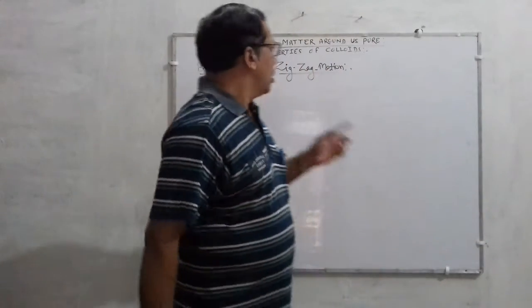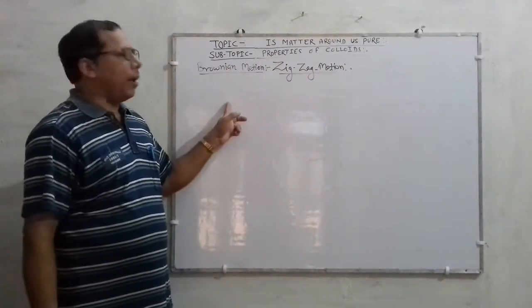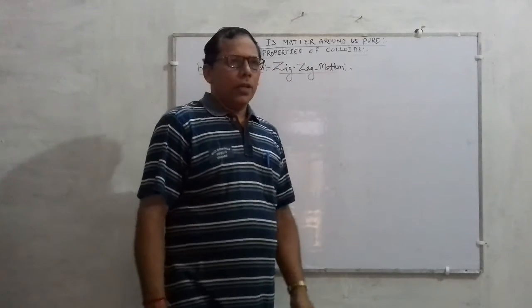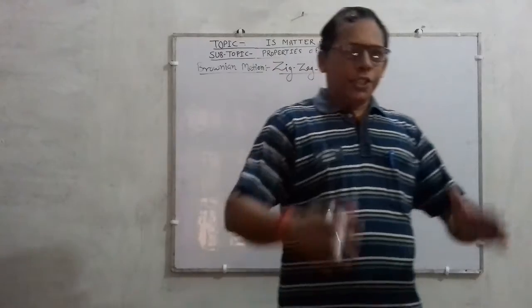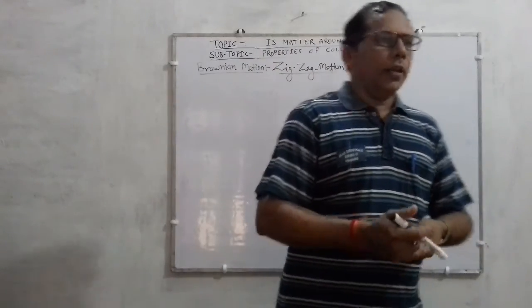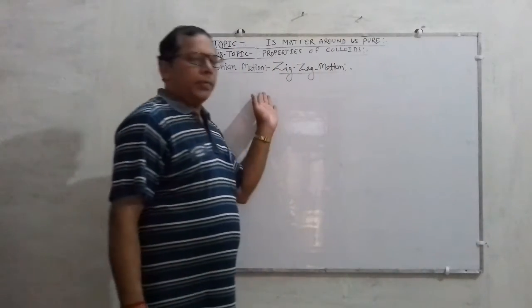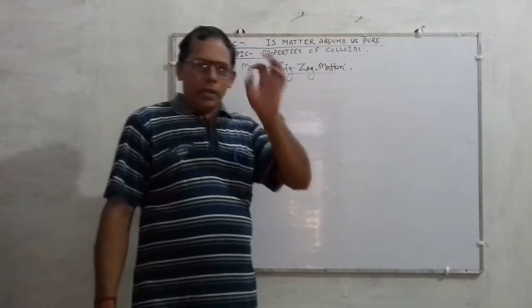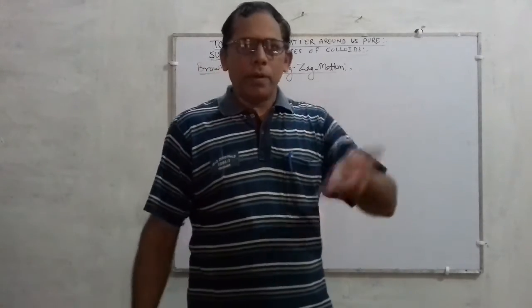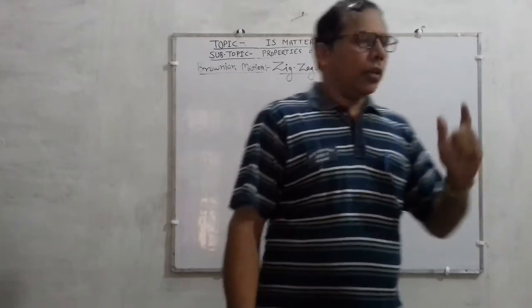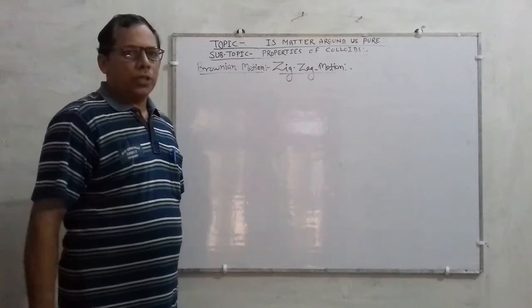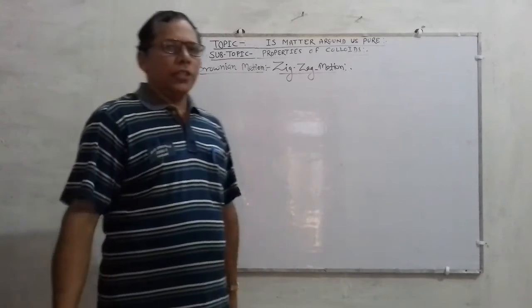Such movement is called zigzag motion, and this property was given by Robert Brown, so it is also known as Brownian motion.